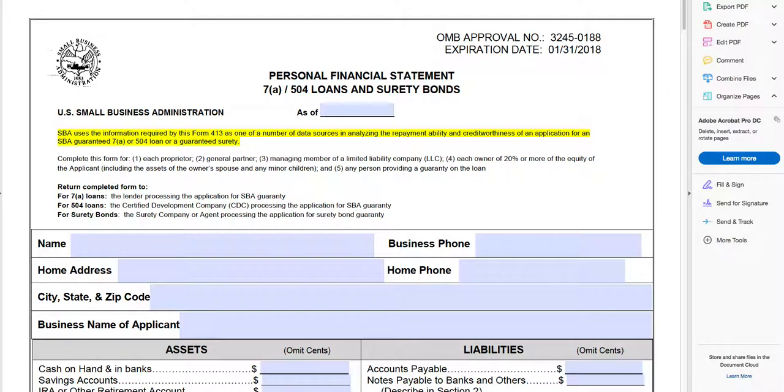So it's certainly something that I would highly recommend you use. But if you want to do it in more of a manual way of applying for a loan, this is the first type of paperwork I'll start with.